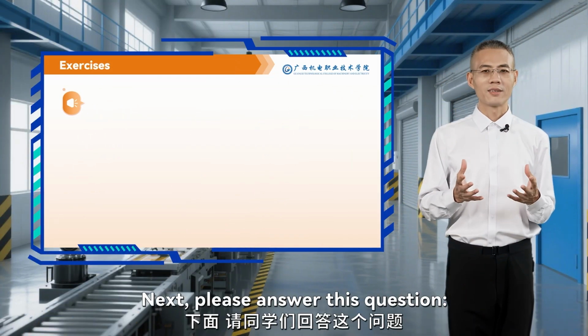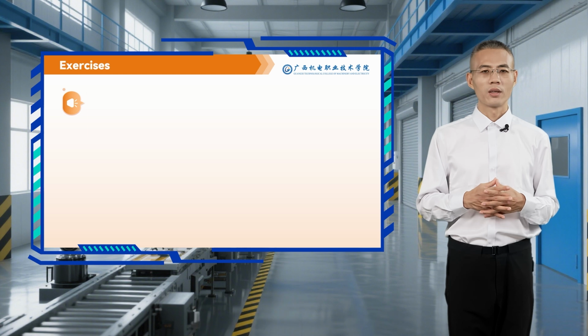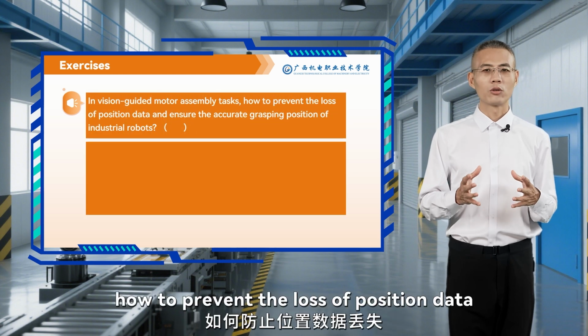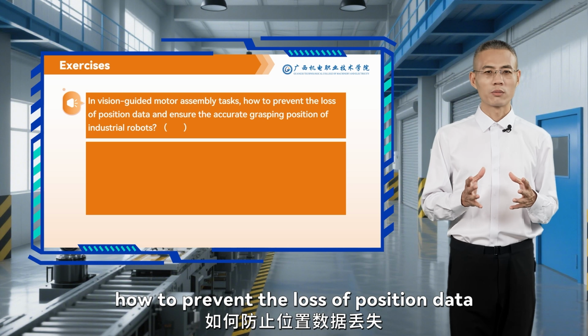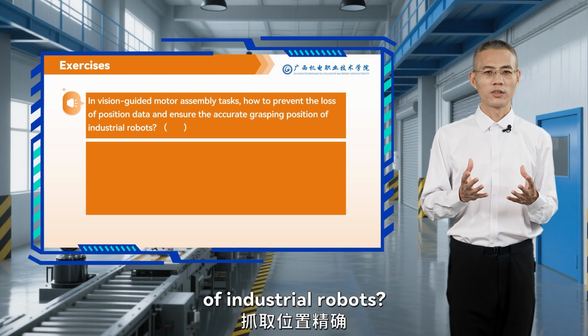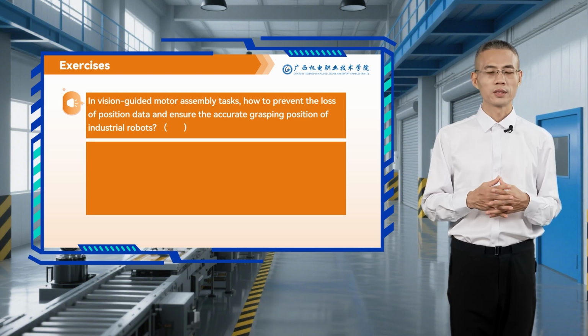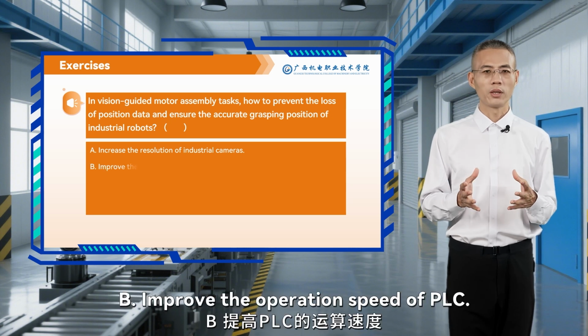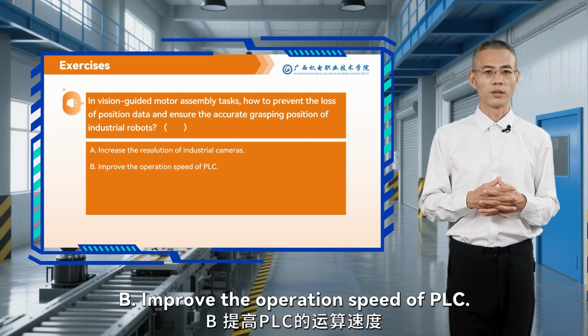Next, please answer this question. In vision-guided motor assembling tasks, how to prevent the loss of position data and ensure the accurate grasping position of industrial robots? A. Increase the resolution of the industrial camera. B. Improve the operation speed of the PLC.